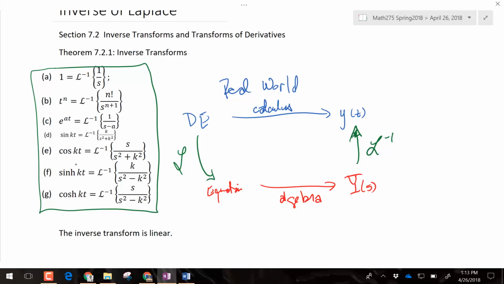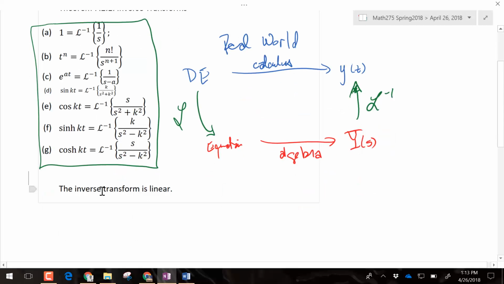A lot of these things have fractions, so partial fractions are going to play a big part in doing this. The inverse transform is also linear, just like the regular transformation, which means if we have two things that we're adding, or a constant times something, then we can just factor those things out.